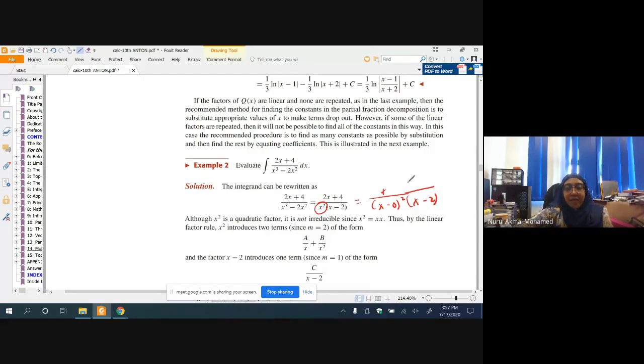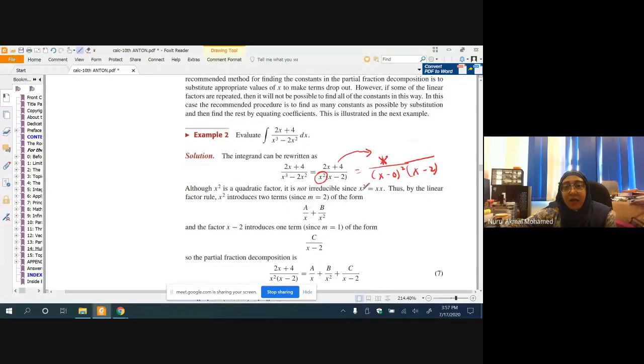But this is not linear like before. So how do we solve for the partial fractions involving something which is not linear?